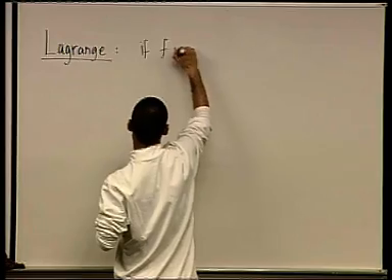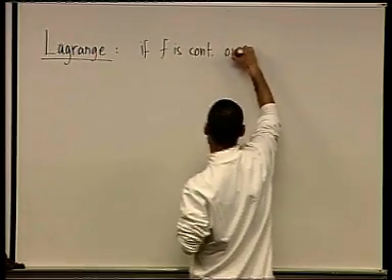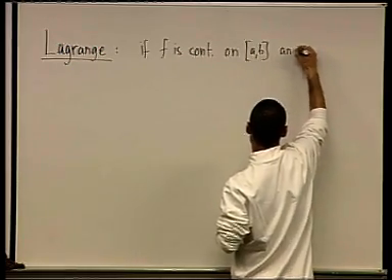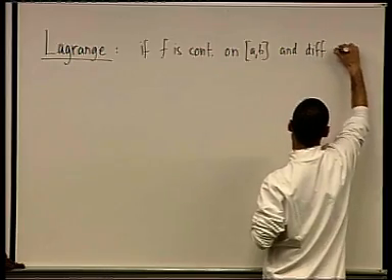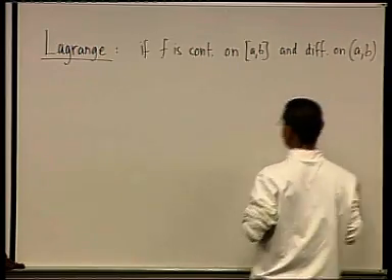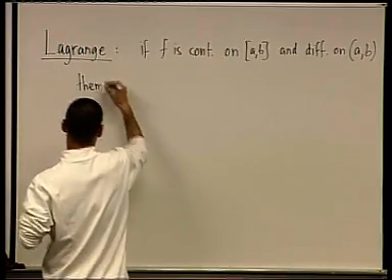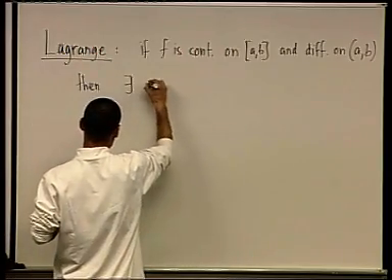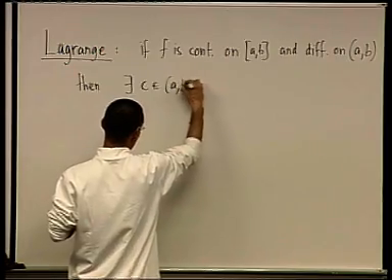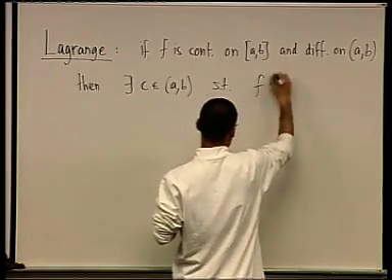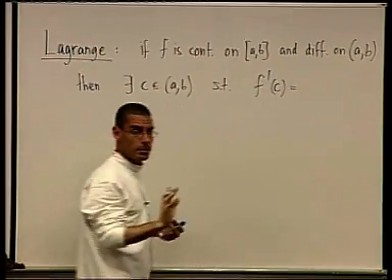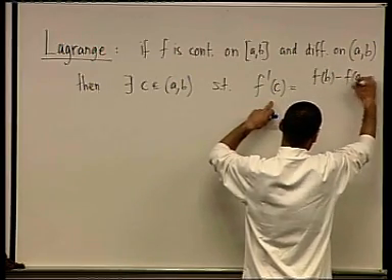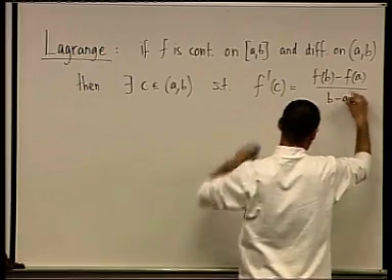If f is continuous on the closed interval [a, b], and differentiable on (a, b) open, then, and we're removing the assumption that the values at the endpoints coincide, there exists a c in the interval such that the derivative at c, well, it's no longer going to be necessarily 0, but there is going to be a point where the derivative is precisely this term.